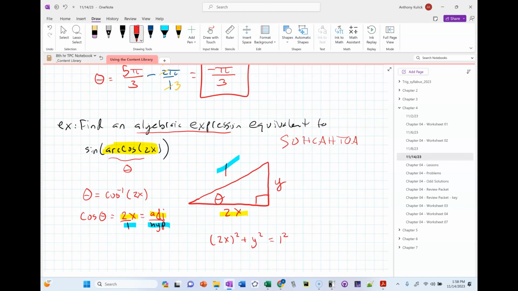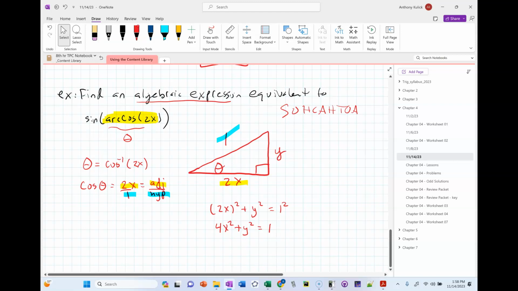All right, quantity 2x squared, what is that, if I simplify that down? Oh, guys. 2x times 2x. 4x squared, right? y squared is just y squared. What's 1 squared? 1.